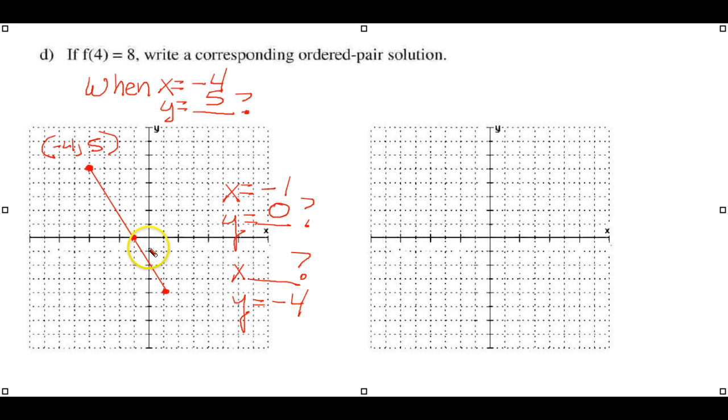Well, again, we go down negative 4, 1, 2, 3, 4. Our x is a positive 1. So writing these out, this is going to be a negative 1, 0, and this is going to be a 1, negative 4. So sometimes you might get something like this, where they give you one of the values and they want you to find the other.